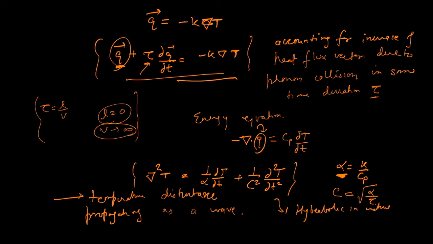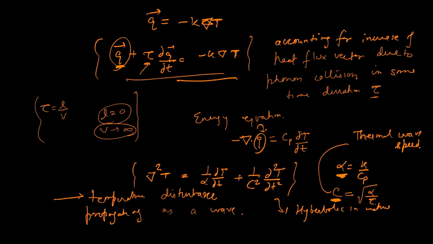Sometimes people in the literature also refer to it as a hyperbolic theory of heat conduction or non-Fourier heat transfer. So when people use this equation, they might refer to it as the hyperbolic theory in the non-Fourier effect in heat conduction. Now coming to this c factor, c is related to the thermal wave speed. So we define it as the thermal wave speed.